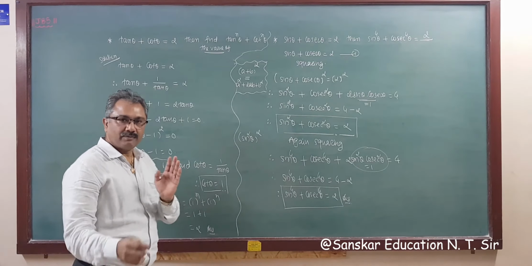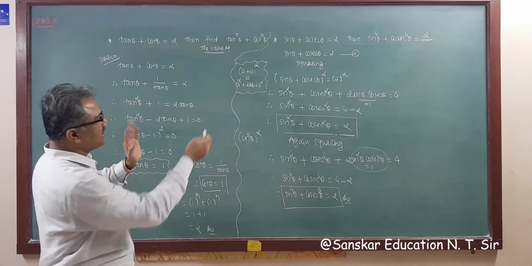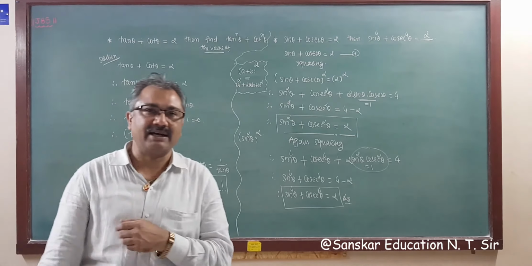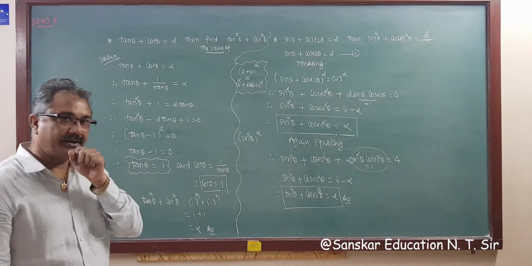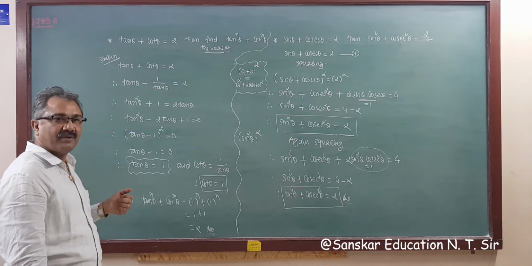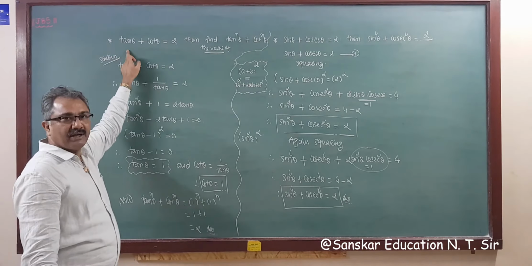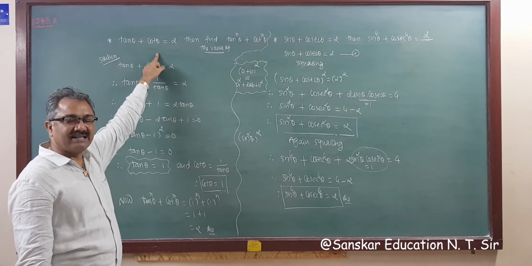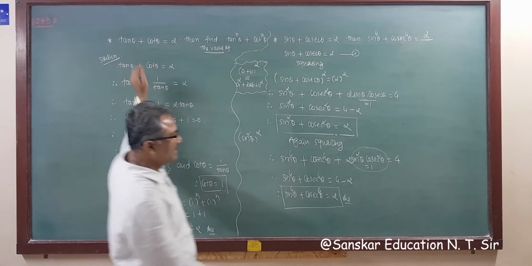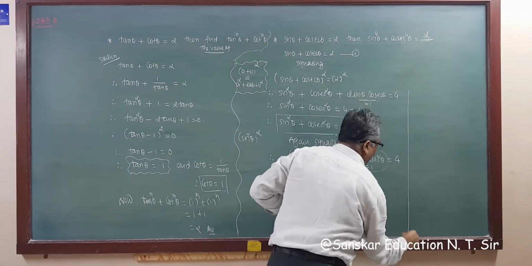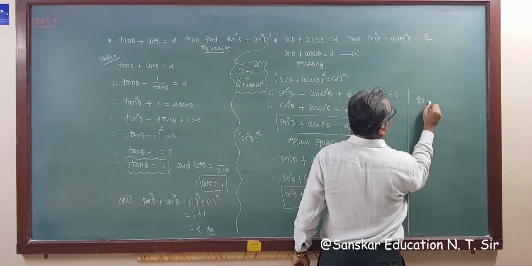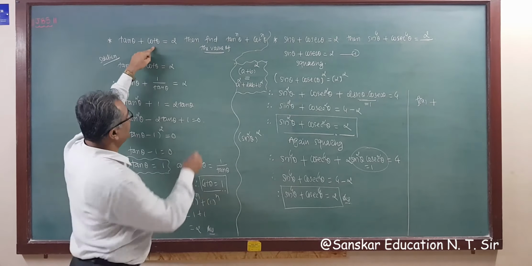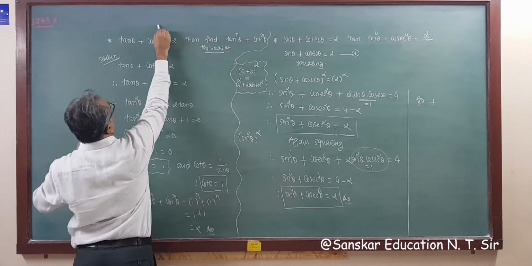Now compare, observe these two results. What did you observe? Tell me. See, the reciprocal of tan is cot. Suppose this is f(x), then cot is 1 upon tan. You know cot theta is 1 upon tan theta.